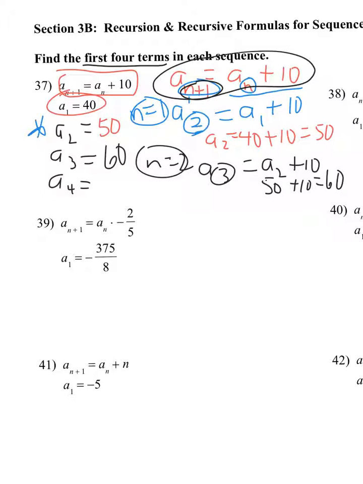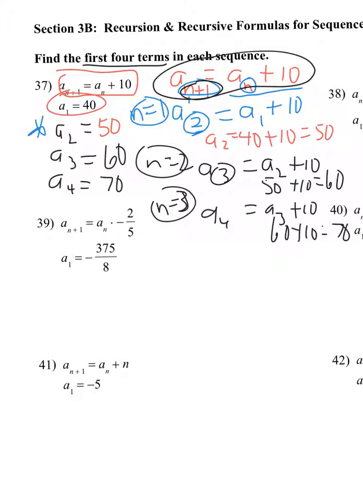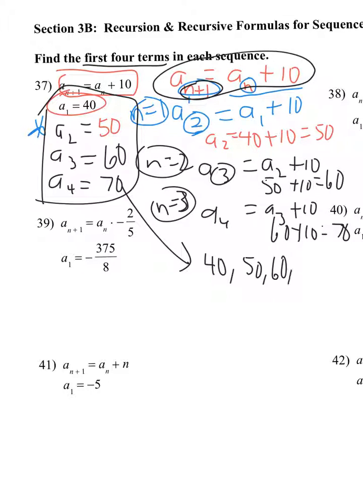We're adding 10 to the previous term. But I could go through and figure this out as A4. N would equal 3. N is going to increase 1 each time. So I'm going to take A3 plus 10, which is 60 plus 10, or 70. So these are my first 4 terms, and you probably should write your sequence just with commas separating them. 40, 50, 60, 70. I mean, either one of these would be okay.